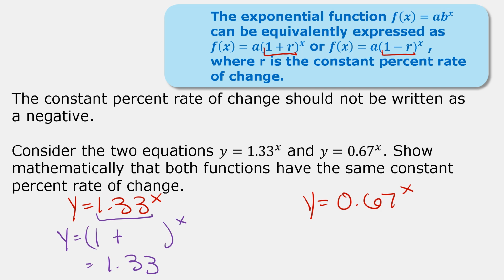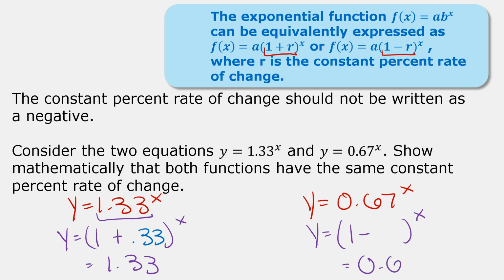What number is it? 0.33. Yeah, 0.33. So we have to add 0.33 to get to 1.33. And then for the second one, we want to think of 1. Now, if we're less than 1, we're going to be subtracting a number.